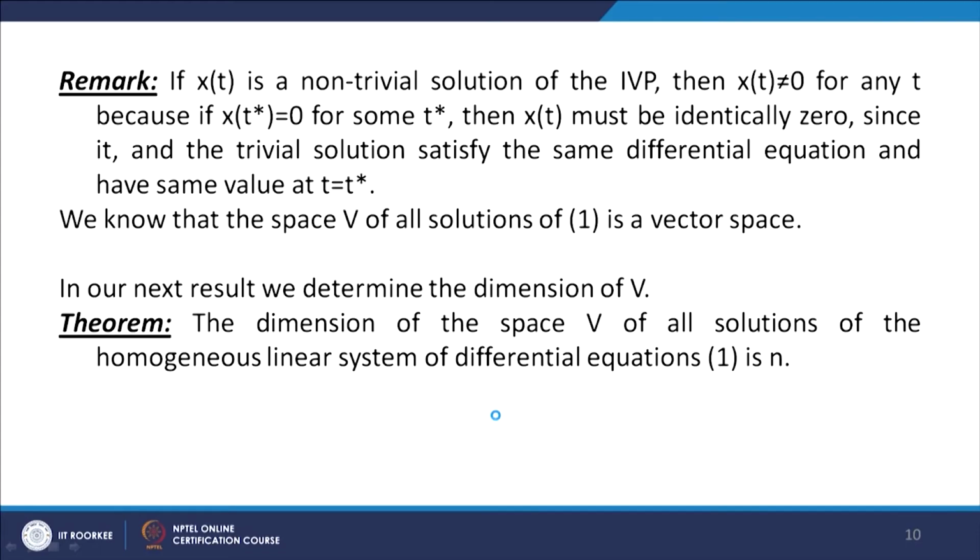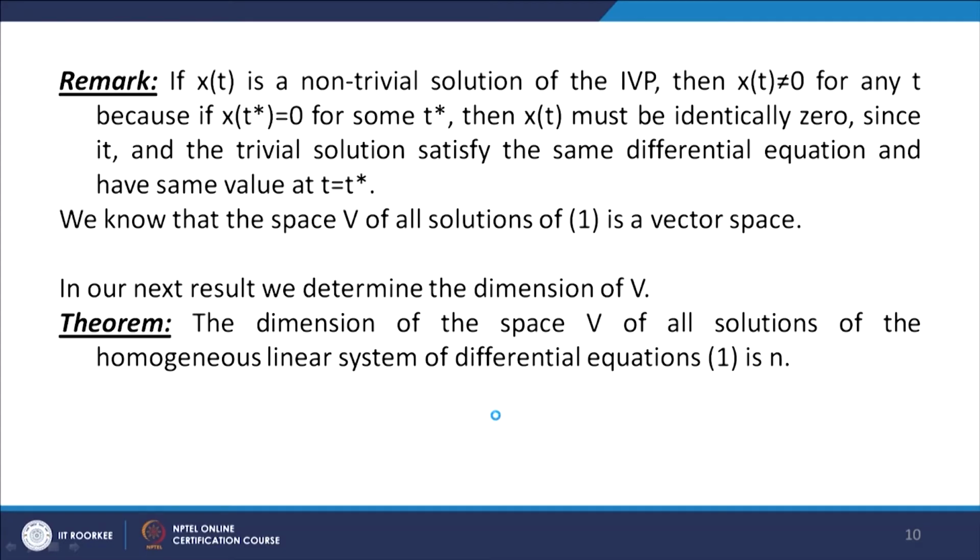Now, we have already seen that the space B of all solutions of (1) is a vector space. The question is how many linearly independent solutions of the equation x dot equal to Ax we must find, so that we can write the general solution of x dot equal to Ax. That question is answered by this theorem.